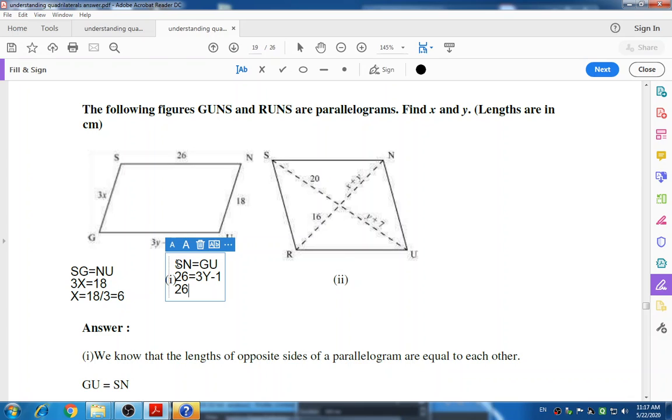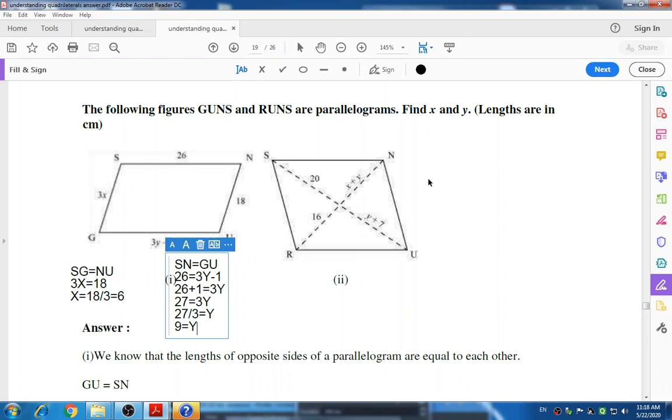So plus 1 is equal to 3y. So 26 plus 1 is 27, which is equal to 3y. The next step, 27 divided by 3 is equal to y. So 9 is equal to y. Like that we can find the value of x and y.